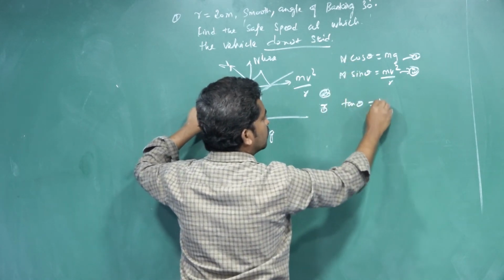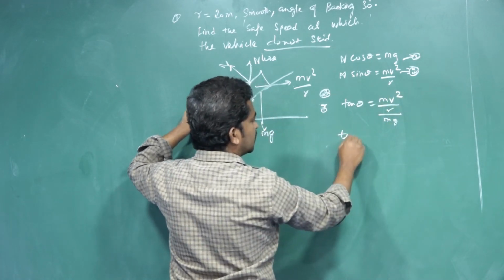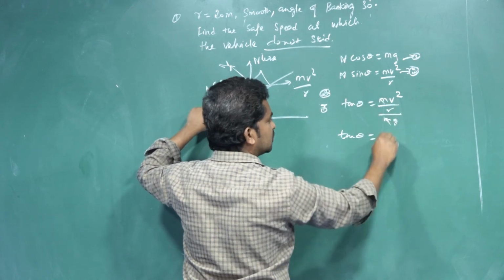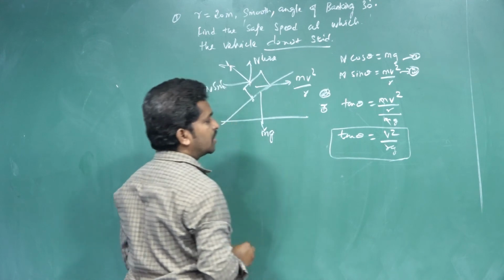Tan theta is equal to mv square divided by r divided by mg. So m cancels, and tan theta is equal to v square divided by rg.